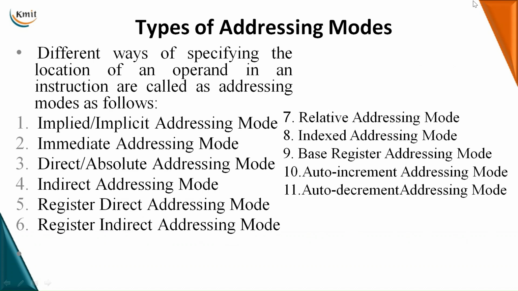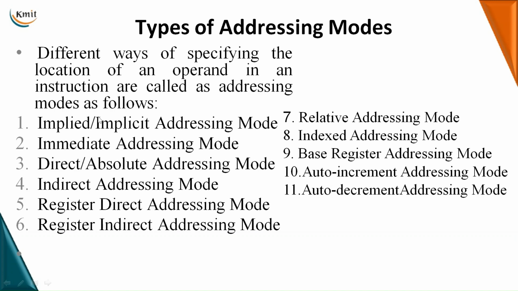Next, we'll look into the different types of addressing modes that are available. There are different ways of specifying the location of an operand in an instruction, and those different ways are called addressing modes. There are totally 11 addressing modes available.